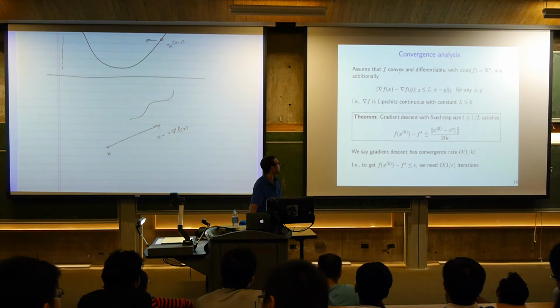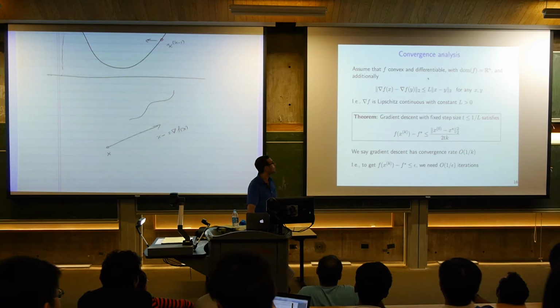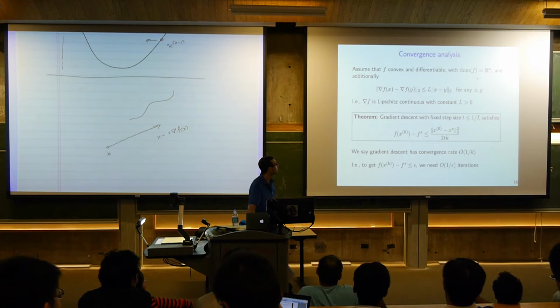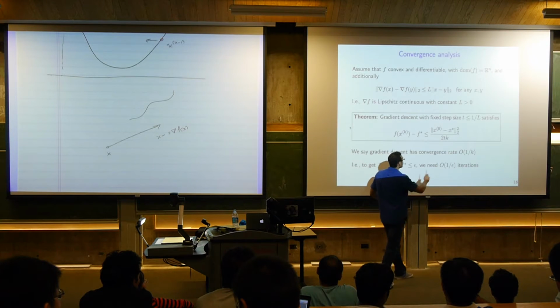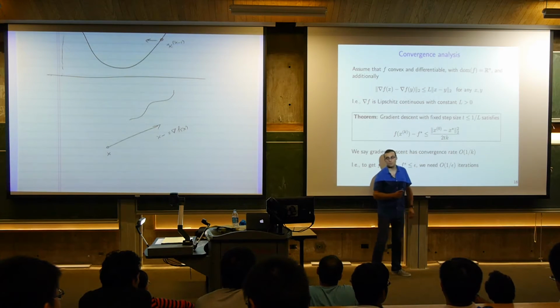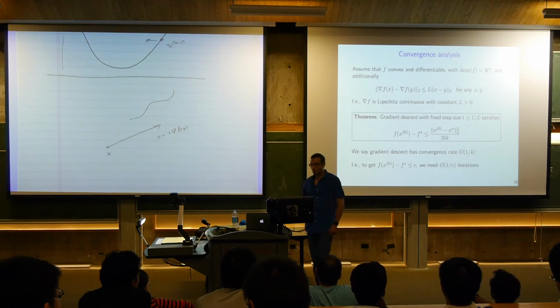Given these facts, which are pretty innocuous, right? Convex differentiable function, full domain, Lipschitz continuous gradient, we're going to prove that gradient descent with a step size that's anything less than or equal to 1 over L satisfies the following inequality.